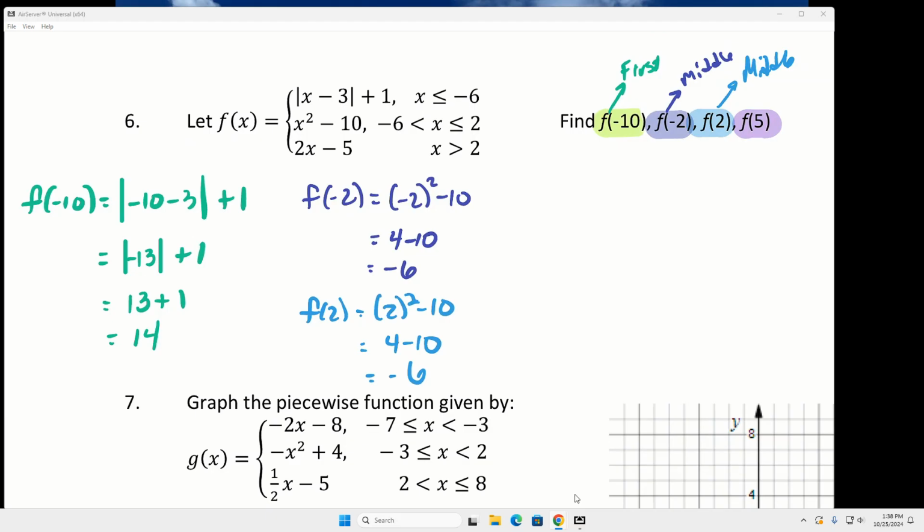All right, you guys try the last one on your own, f of 5. Decide what piece and then plug it in.